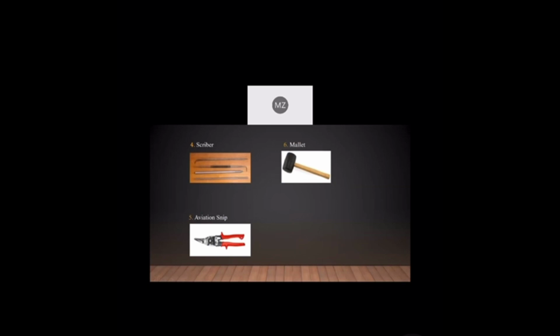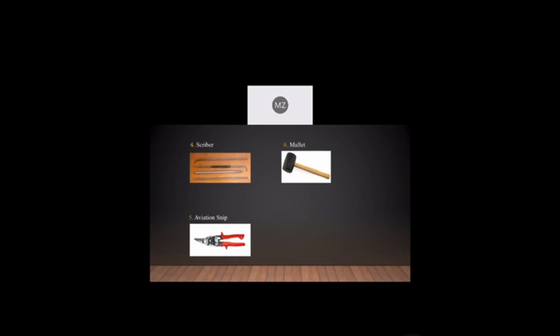Number four is the scriber. Its function is to mark lines on a workpiece in metalwork prior to machining. The process of using a scriber is called scribing and is just part of the process of marking out. Number five is the aviation snip. It is used to cut sheet metal and other materials.